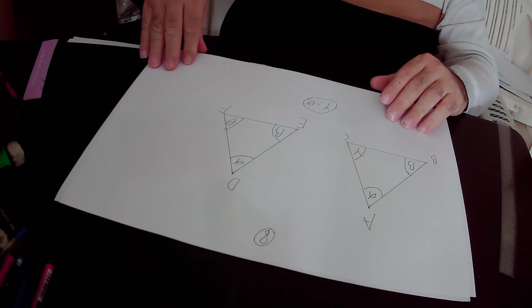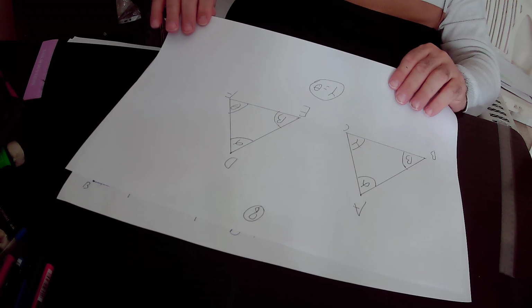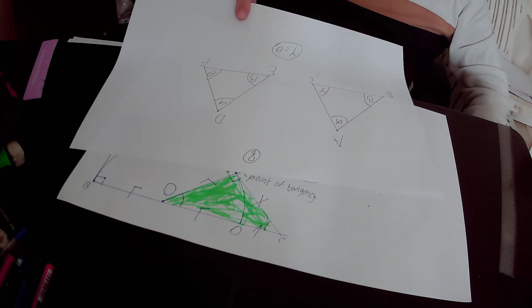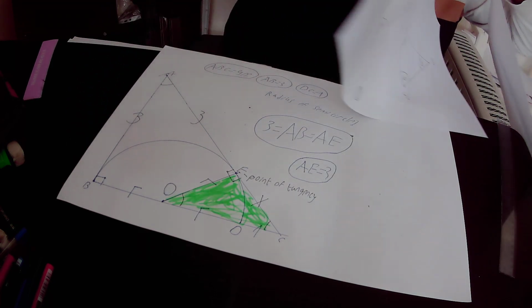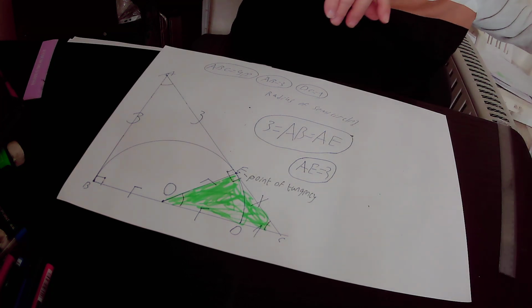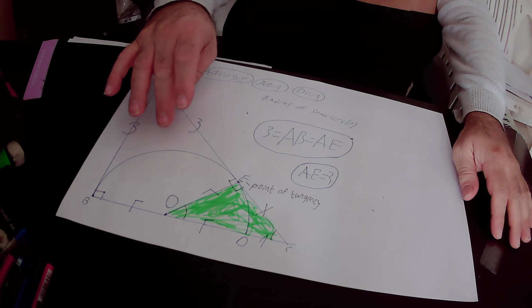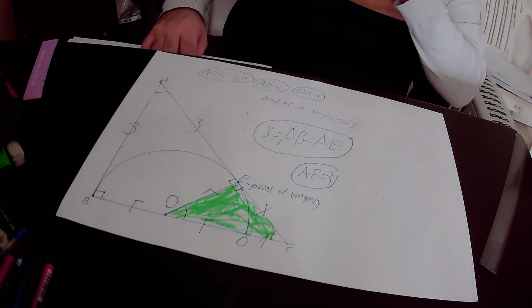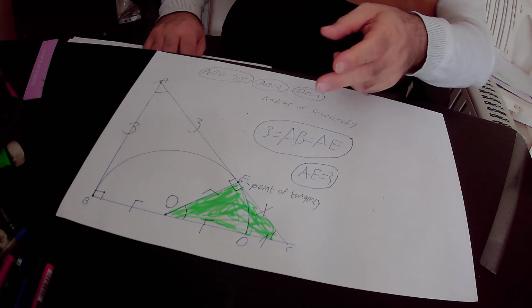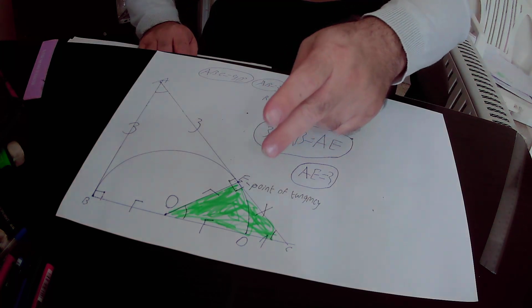Okay, so we return to our drawing. We actually proved that all three angles of triangle ABC are congruent or equal to all three angles of triangle OEC.